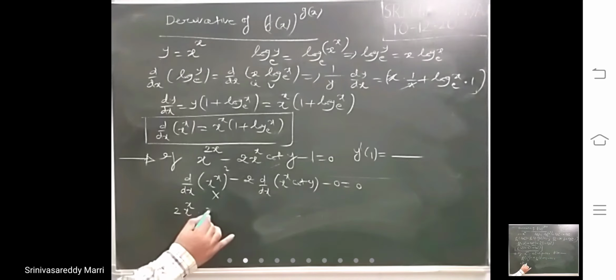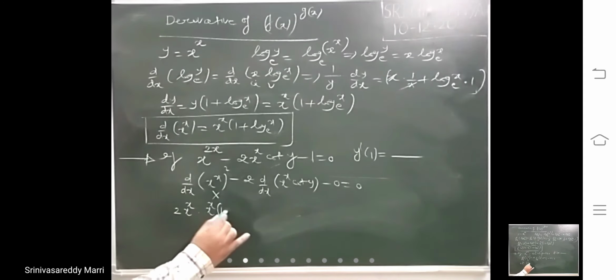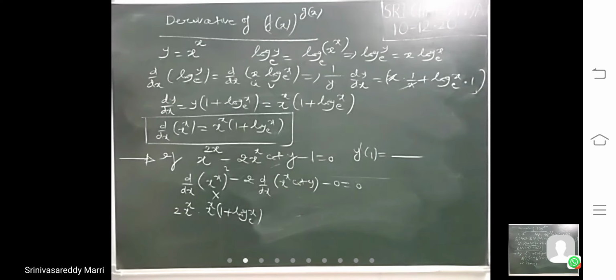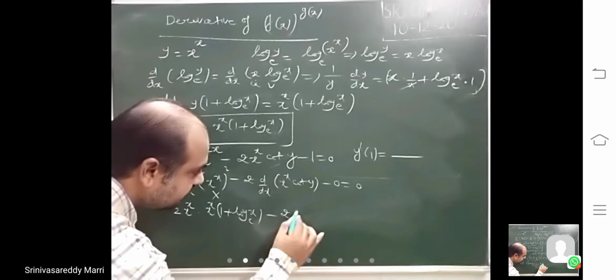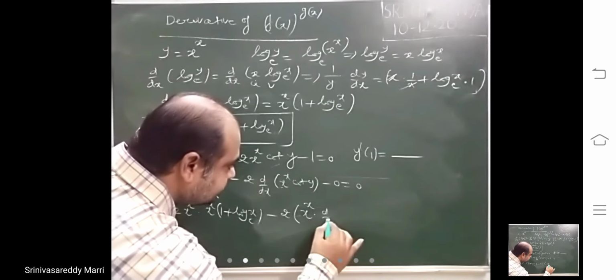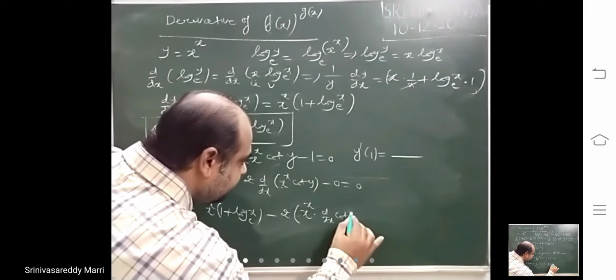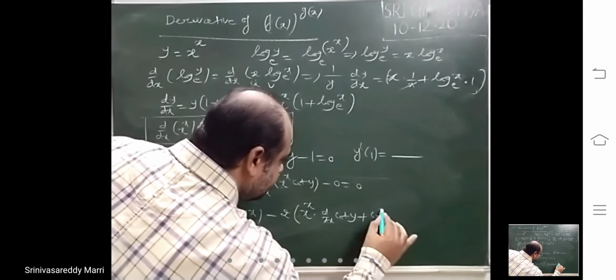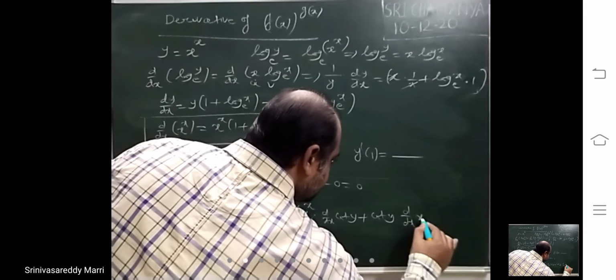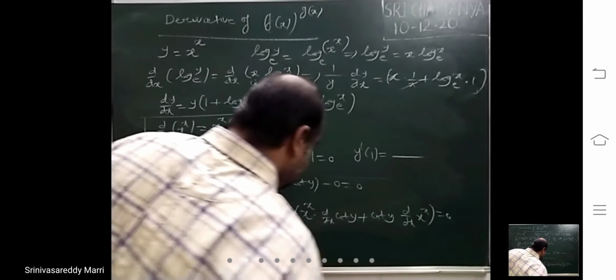Now we have derived the formula. x power x into 1 plus log x to the base e, minus 2 into uv, x power x into d by dx of cot y plus cot y into the derivative, equal to 0.